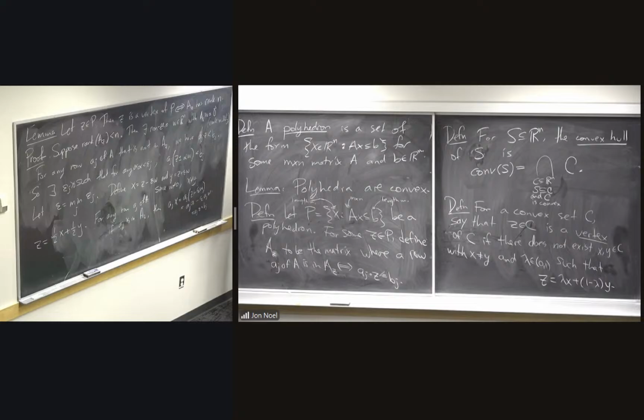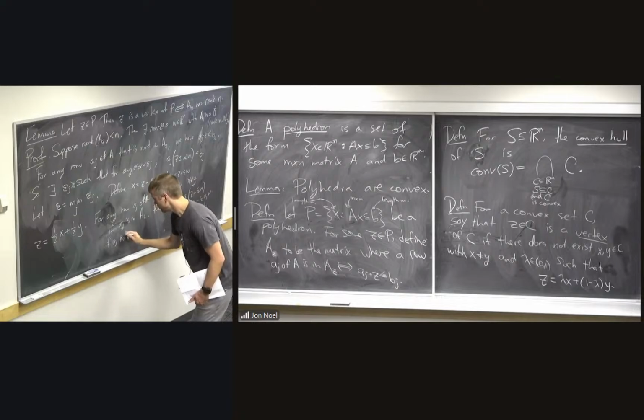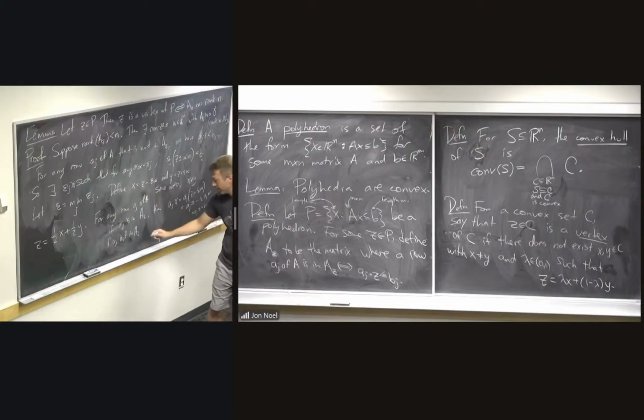So if it's not in AZ, then we kind of win by the choice of epsilon. Okay, and then the same thing works for y.